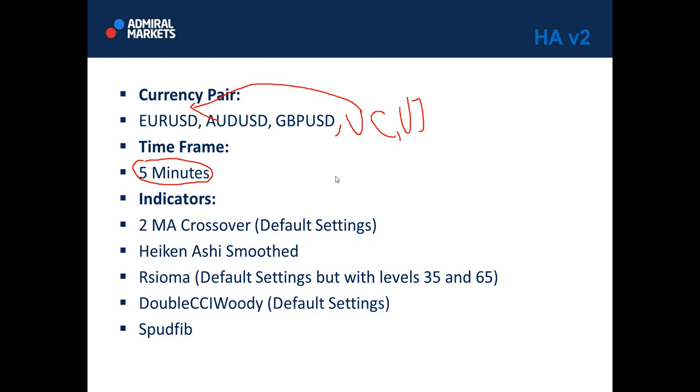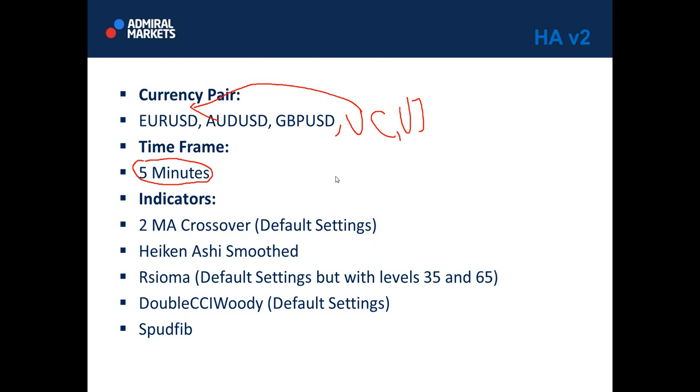If you trade Heiken Ashi charts, usually 90% of the time you will see some moving averages. In this system, we don't use standard moving averages, but we use one of the filters called MA crossover. So MA crossover is the first step in determining the entry point.